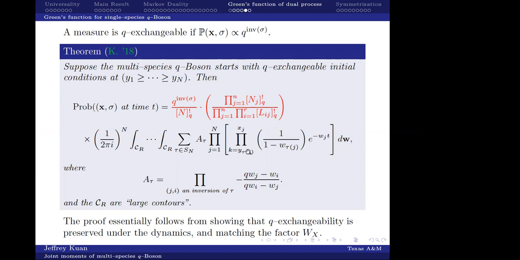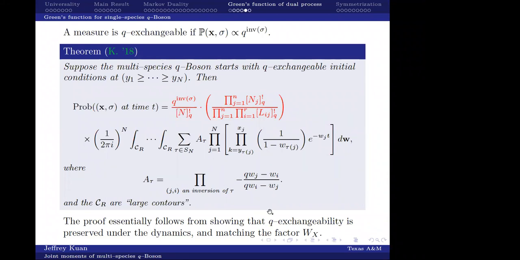And the prefactor W_x actually just turns into some statistic depending on the combinatorics of the symmetric group.